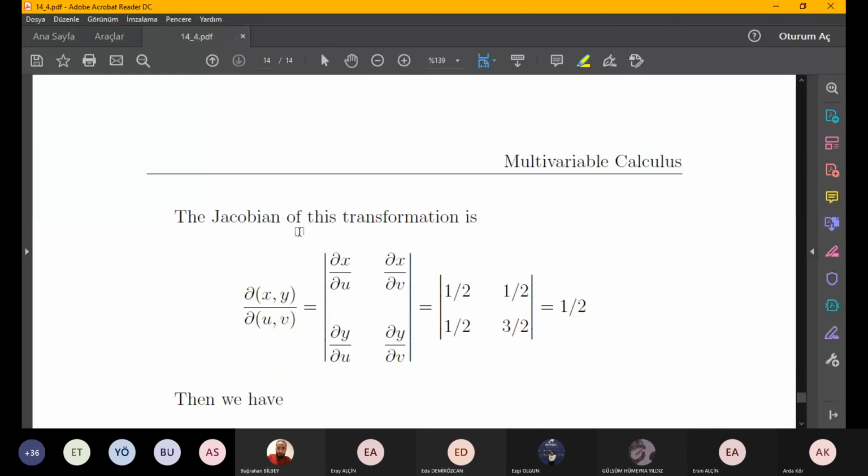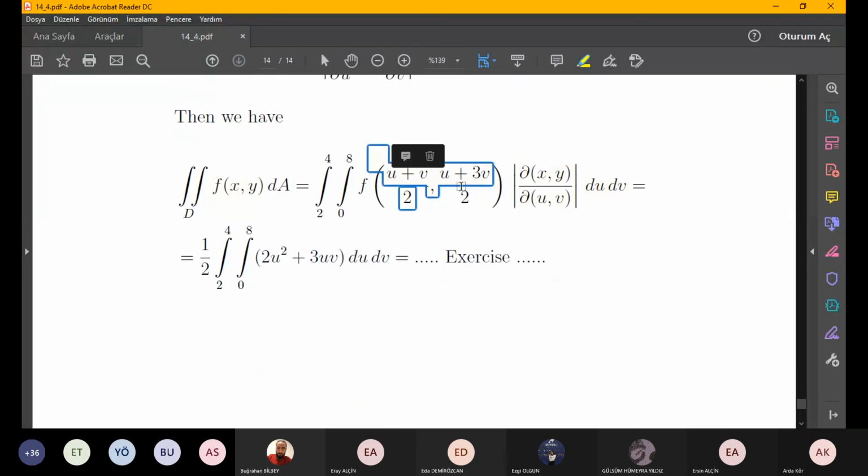After this transformation, we compute f again in terms of u and v using the transformation we had, and it will be 2u squared plus 3u times v. Then you can just let the absolute value of 1 over 2 be outside for the integration here.